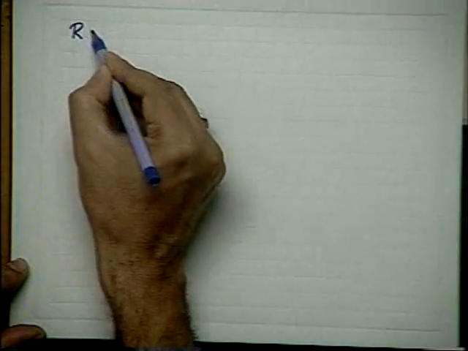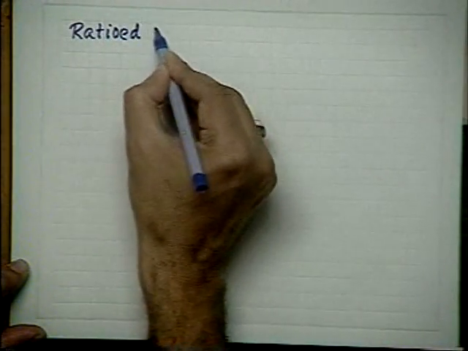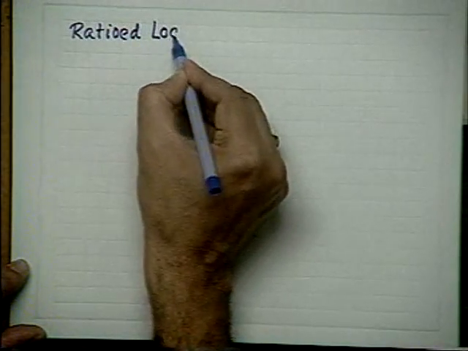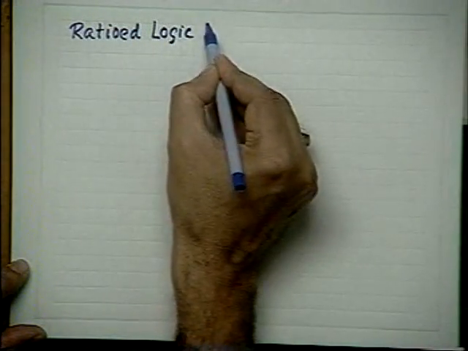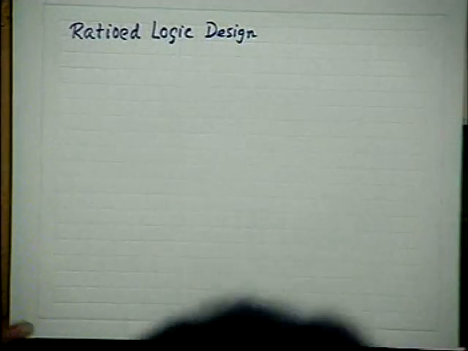To start with the simplest one, which is the ratioed logic, we shall discuss two approaches.